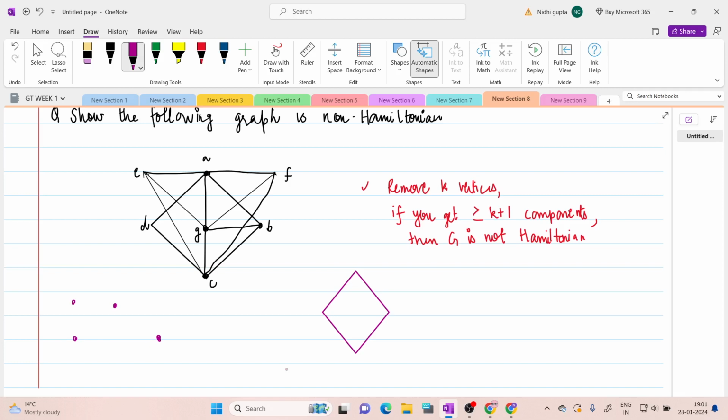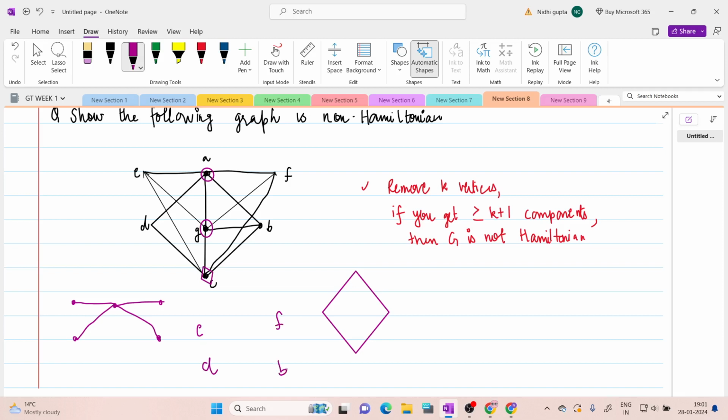If we remove C, G, and A, we will get four components. Okay, so if you are removing only G and C, it is not solving the problem. But if you remove G, C, A, then we are getting four components.